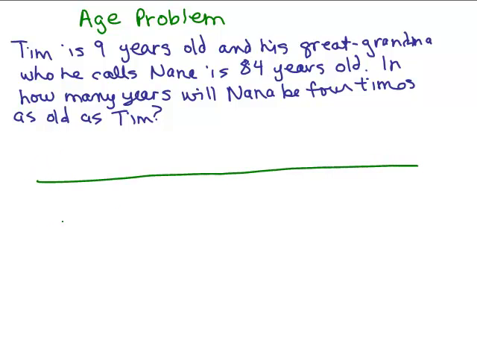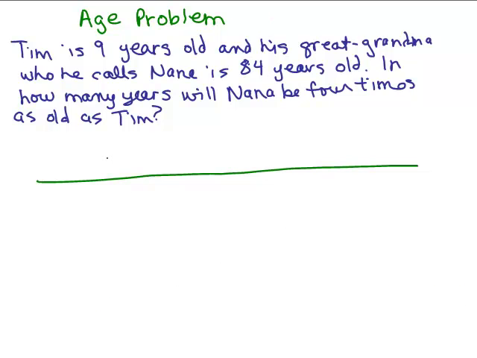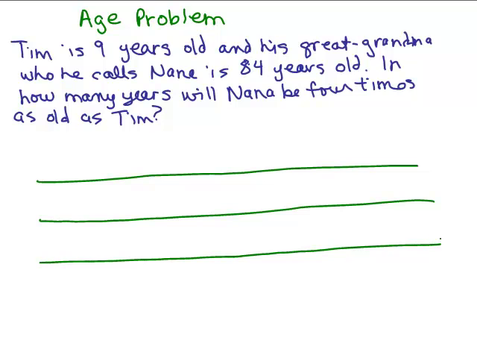So let's start off with, and I think I'm going to put these a little bit closer together so I have more space. A little chart where we talk about Tim's age and Nana's age. Okay, so we're talking about the age of Tim, and we're talking about the age of Nana.